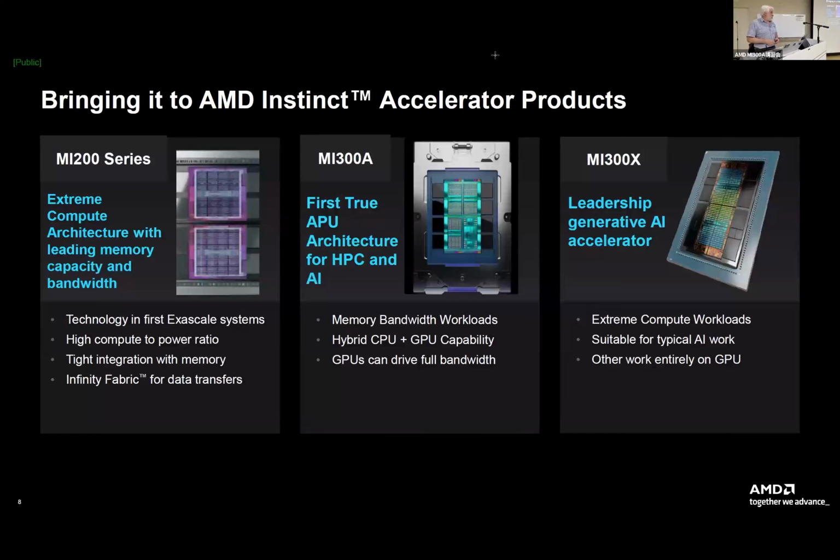And where this came to market is first in the MI200 series, we saw 2 chiplets on that silicon layer. And the 200 series are still, I think we got 2 systems in the top 10 of the top 500 that are still based on the MI200.